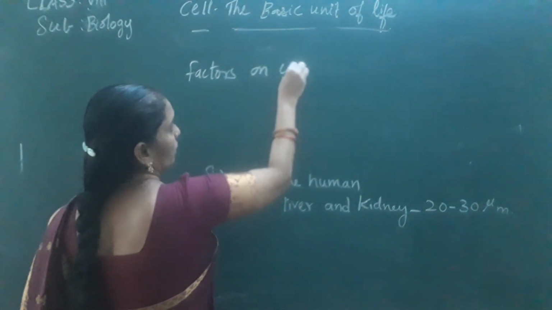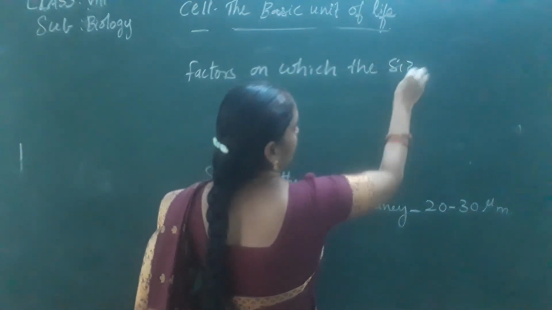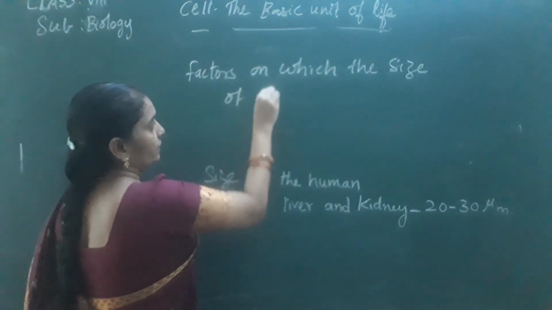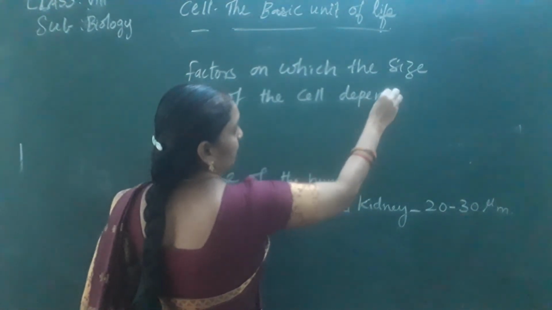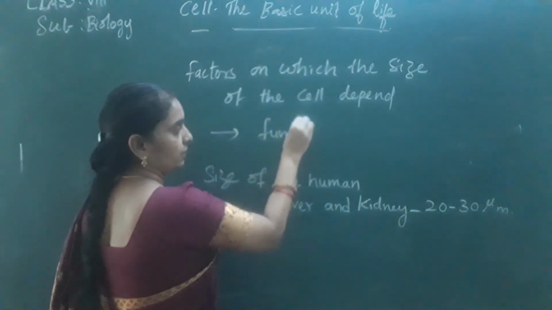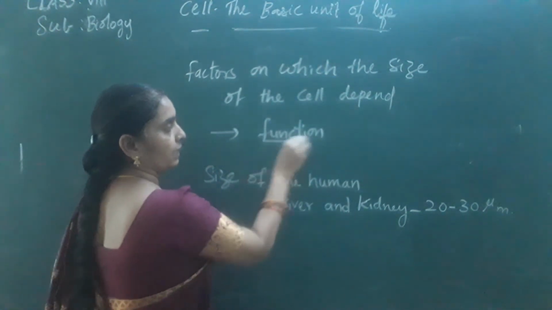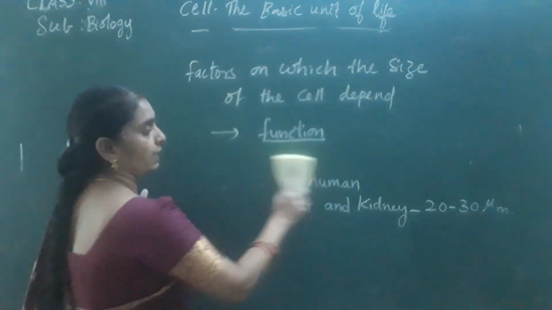Factors on which the size of the cell depends: number one, its function. Mainly, it's related to its function. Secondly, its location, the place where it is present.